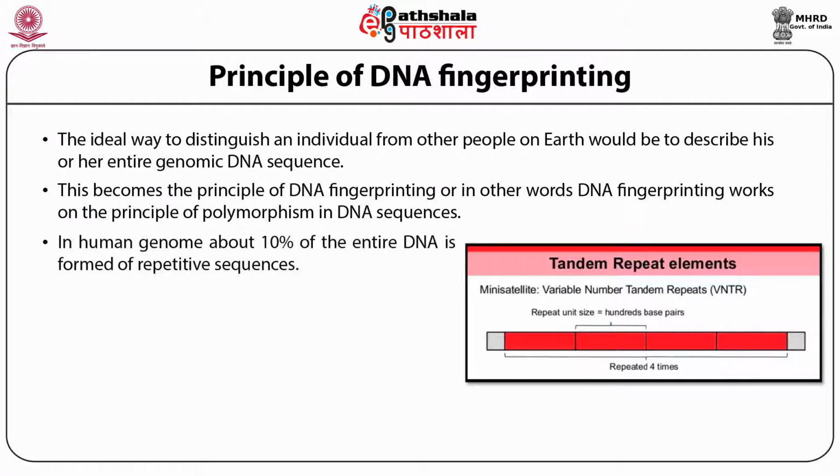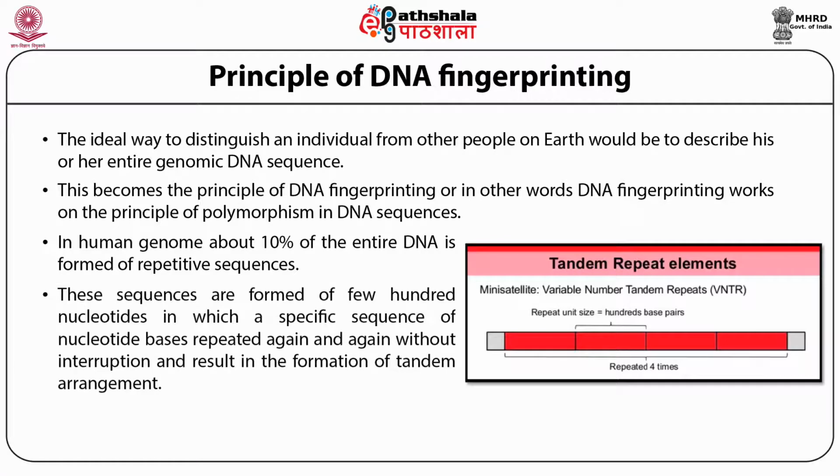In the human genome, about 10% of the entire DNA is formed of repetitive sequences. These sequences are formed of a few hundred nucleotides in which a specific sequence of nucleotide bases repeats again and again without interruption and results in the formation of a tandem arrangement.